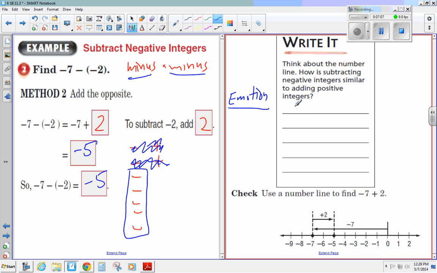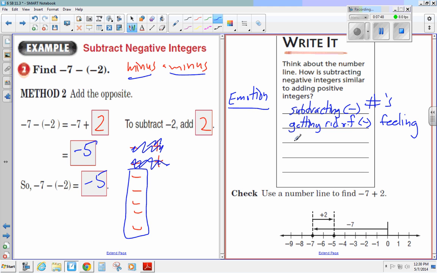Well, if you're subtracting negative numbers, it's the same as getting rid of negative feelings.